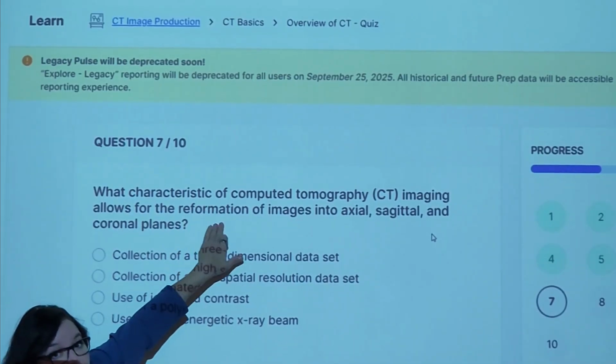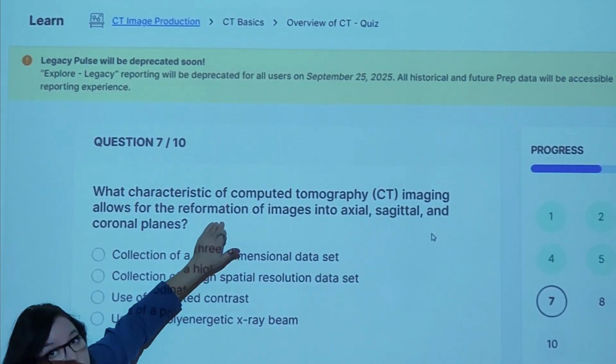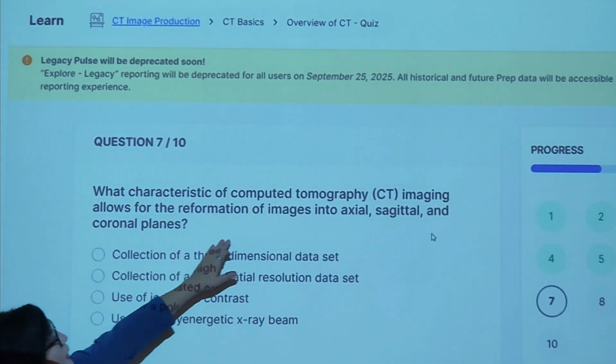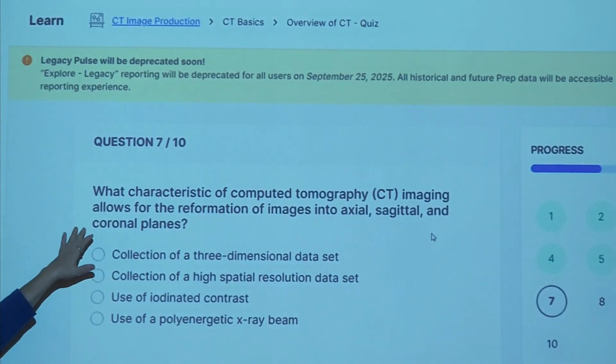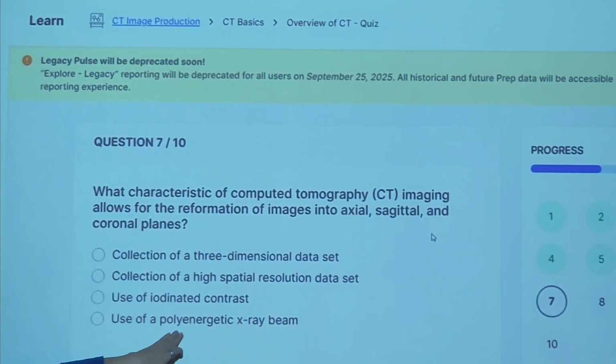This is reformation. We used another word. We called it reconstructed, right? Of images into axial, sagittal, and coronal planes. You have to have the collection first in order to reconstruct. X-ray is a polyenergetic beam.